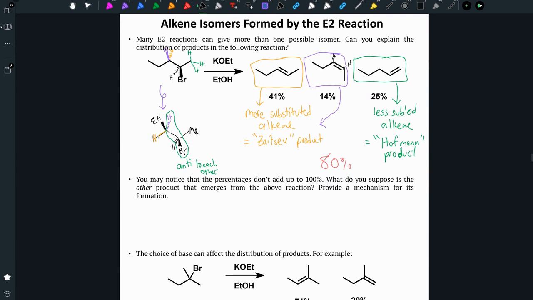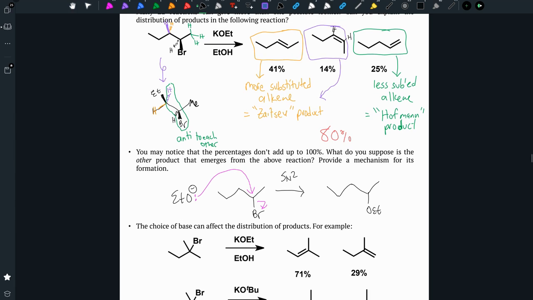So my other potential mechanism would be if I had ethoxide act as a nucleophile and do an SN2 reaction to make an ether. So note that that's a minor product in this case. We'll talk later about how we choose which of the two reactions to do, SN2 or E2. But for now, notice both can happen.